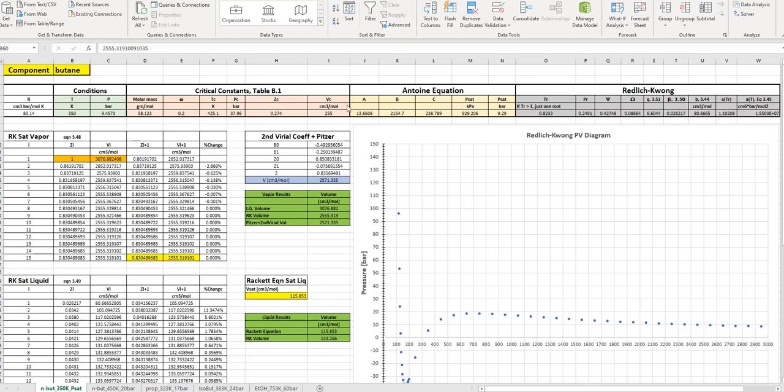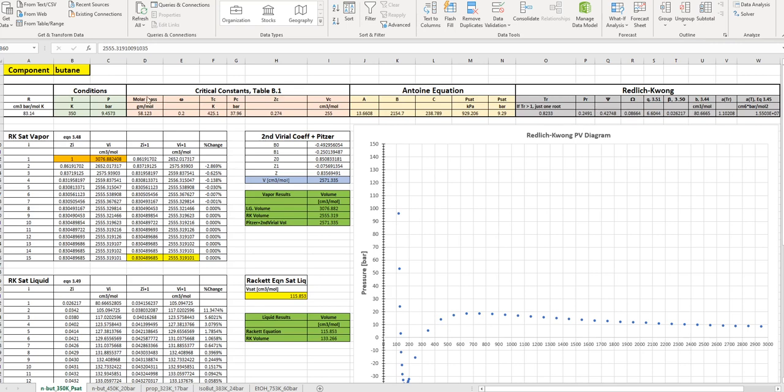Make sure your units are consistent and that you add in all the unit conversions as needed. So this is just setting the problem up. All right. So conditions, the critical constants for my component here, and then the Redlich-Kwong constants.